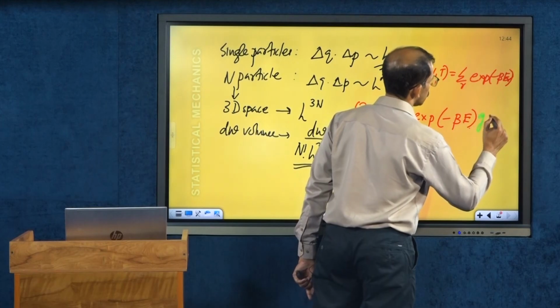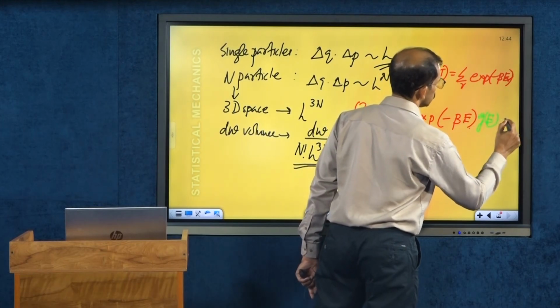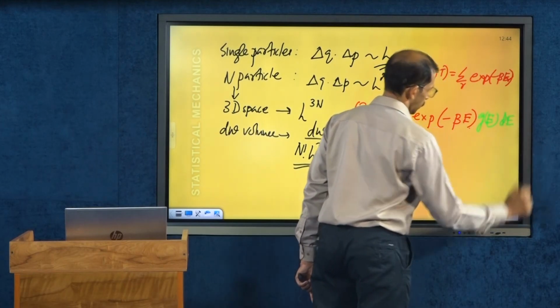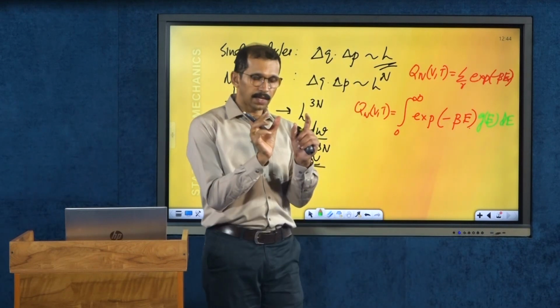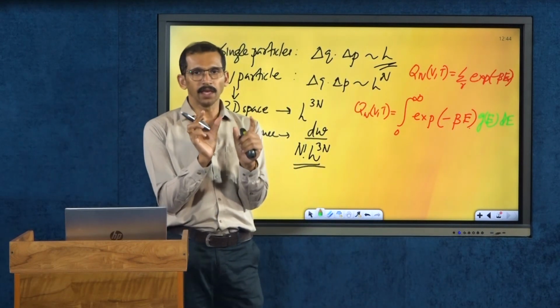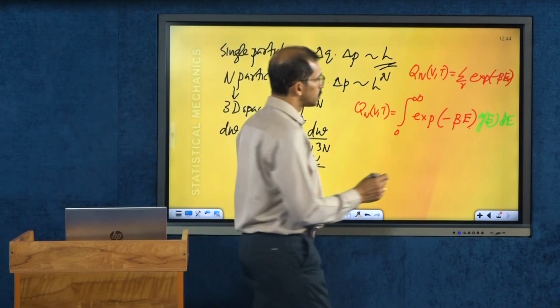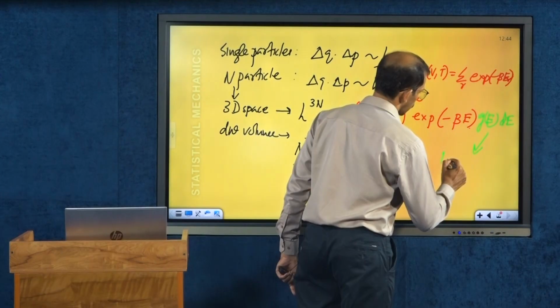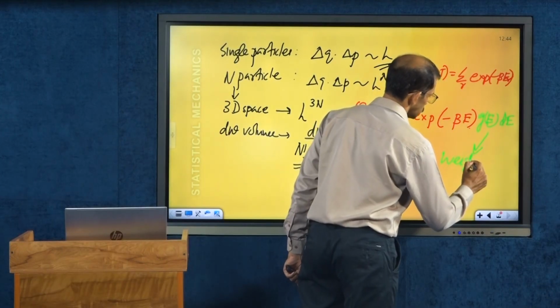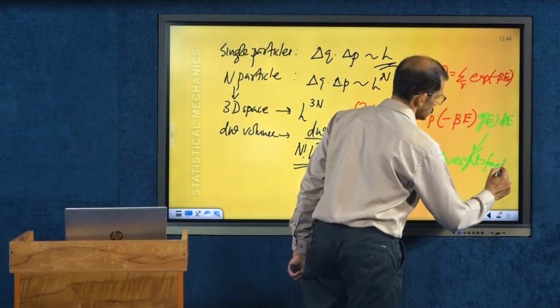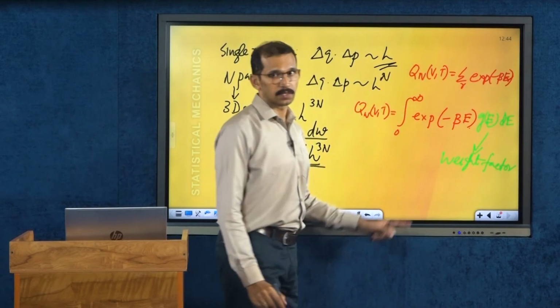we will write it as g dE, which means that in an energy spacing dE, I have g number of states, or this is otherwise known as the weight factor of the system, right?